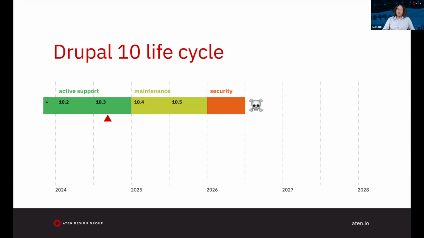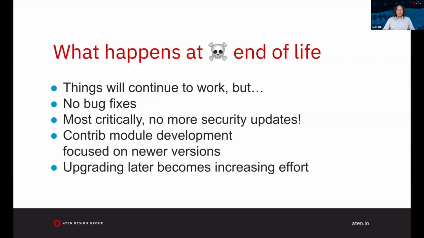Around the end of 2025, Drupal 10 will enter a period where it receives only security updates, and it will reach end of life in mid-2026 when Drupal 12 is released. I do want to talk a little bit about what happens at the end of life in Drupal. It sounds ominous, but your site will continue to function. It's not like a license that expires and suddenly your site stops working.